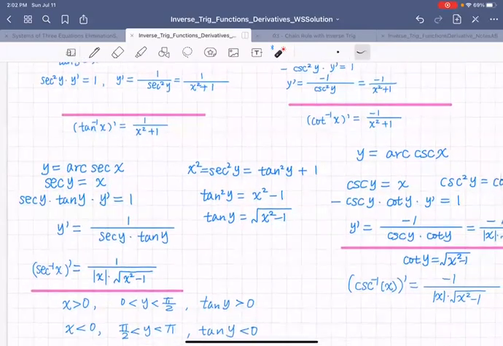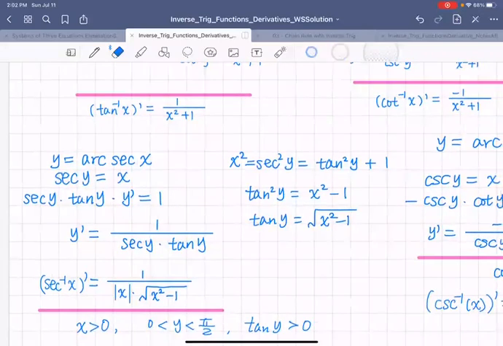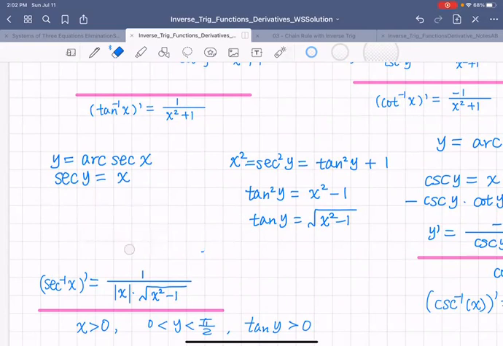Let's do the next one. It's y equals arc secant x. Angela, how do we write down the next step?